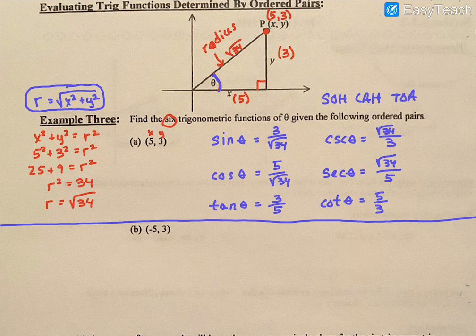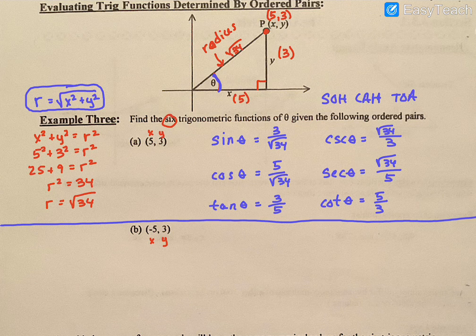And now we're going to look at example B. If you notice, the only difference with example B is a negative sign. Now, again, remember that in an ordered pair, it is x comma y. Basically, all it's going to change is the sign on some of our answers is going to change.